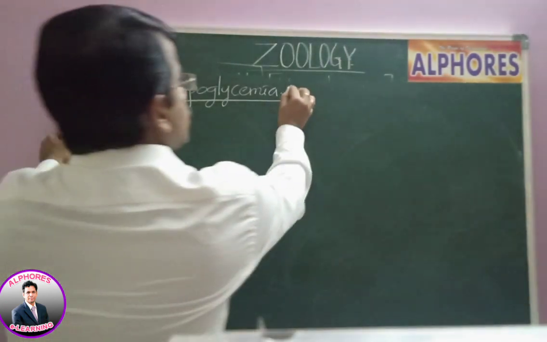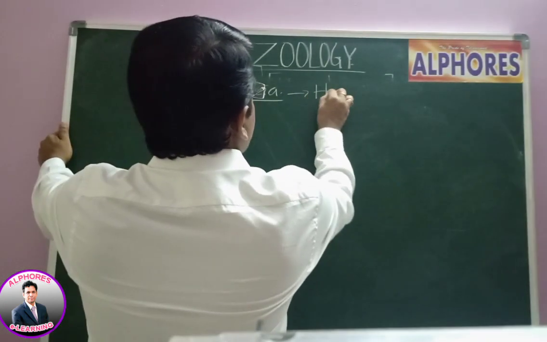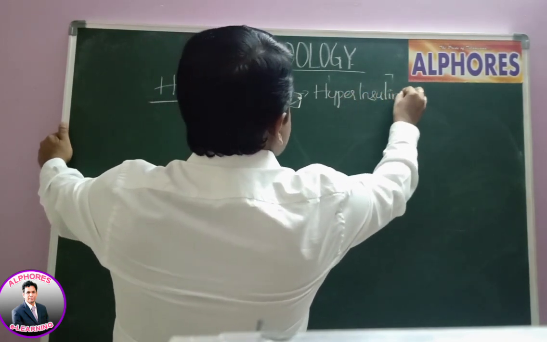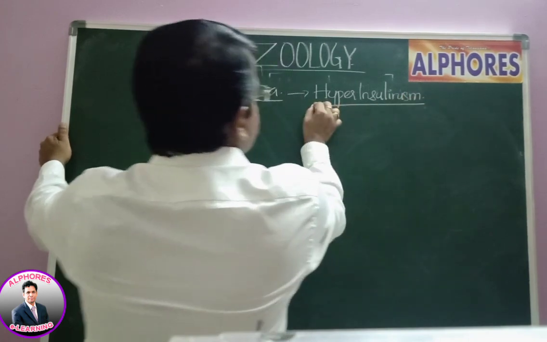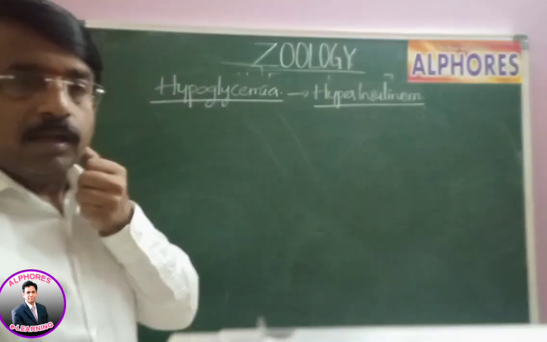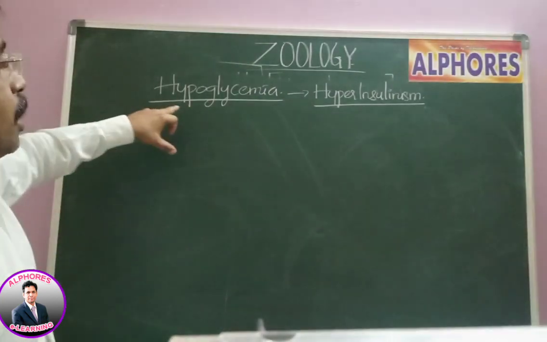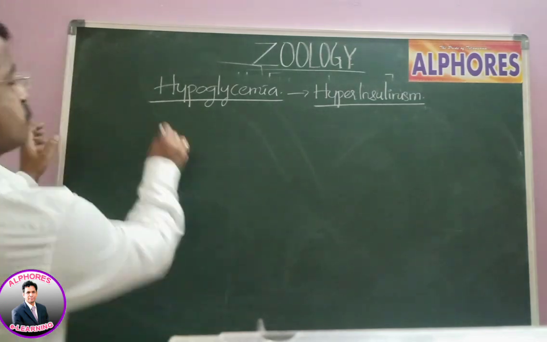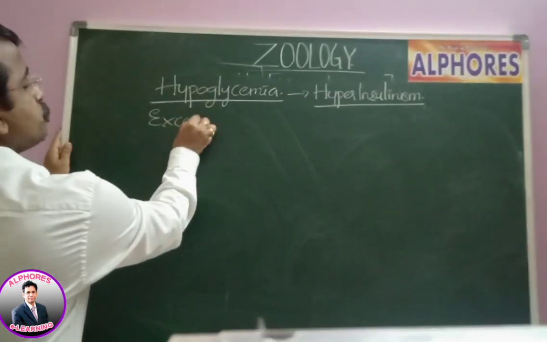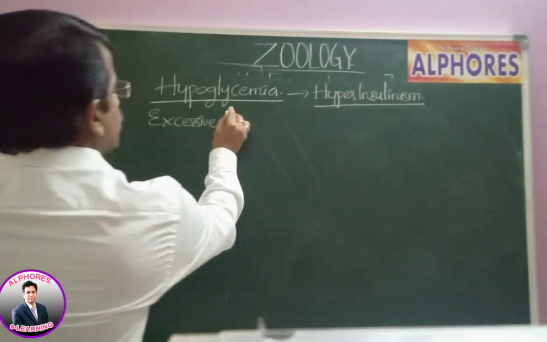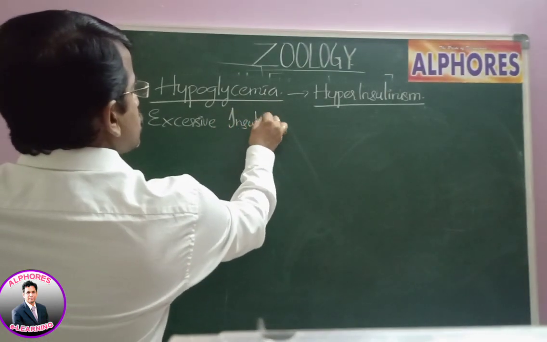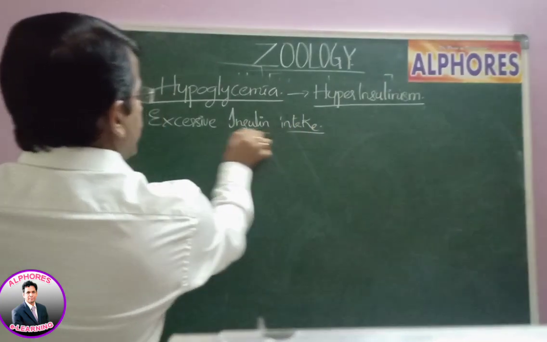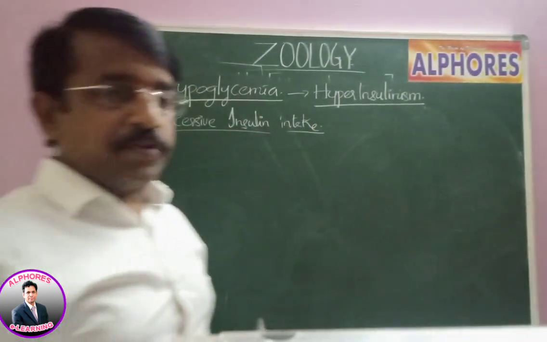It can also be called hyperinsulinism, which means hypoglycemia is caused in an individual who takes excessive insulin injection, or else those who are taking insulin injection if taken excessively.